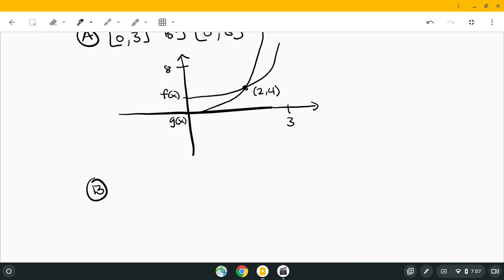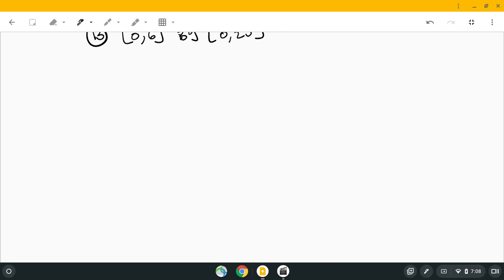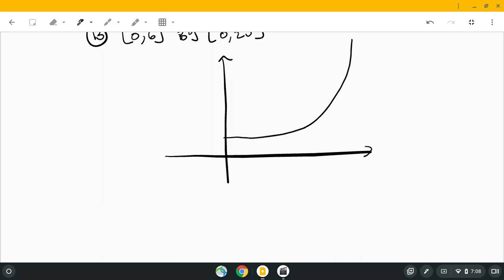But let's take a look at a different viewing window. If we look at x values from 0 to 6 by y values 0 to 25, then we have a more interesting thing happening here. This might be our f of x function, and this is our g of x function.